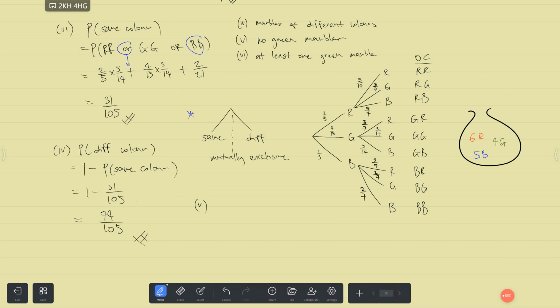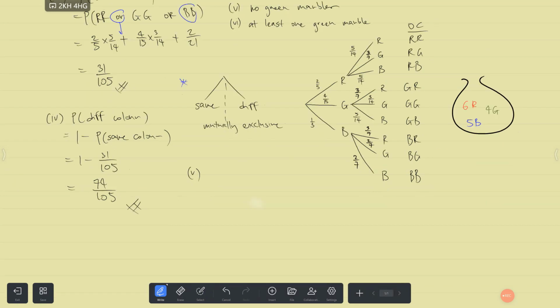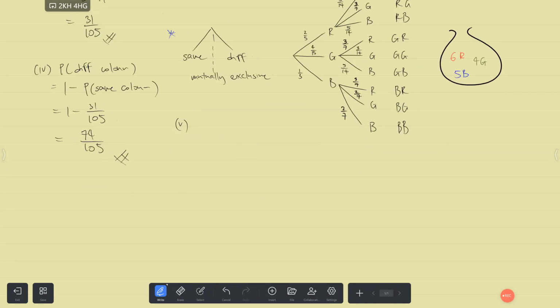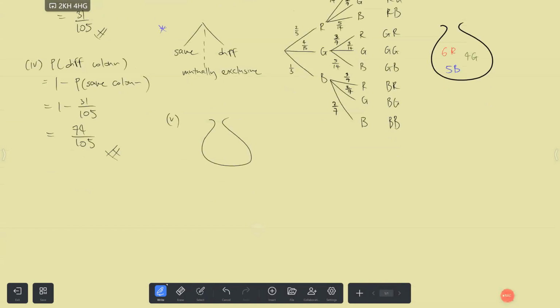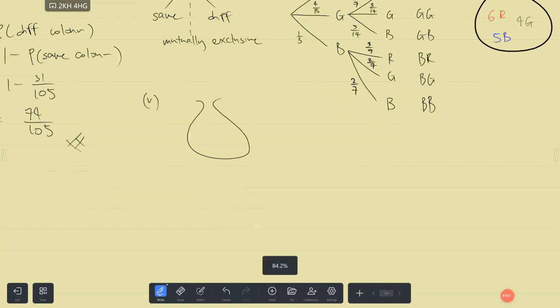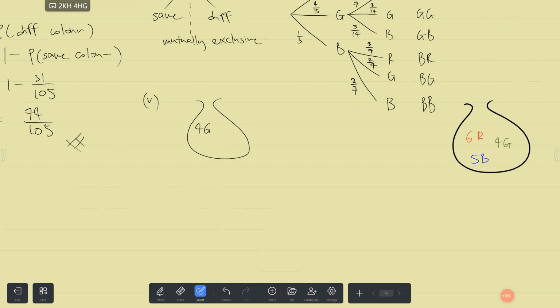Next, no green marbles. For us to understand there are no green marbles with two draws, you can redraw the bag of marbles and reorganize them as either green or not green. We have 4 green marbles, and how many non-green marbles do we have? We have 11 non-green marbles.